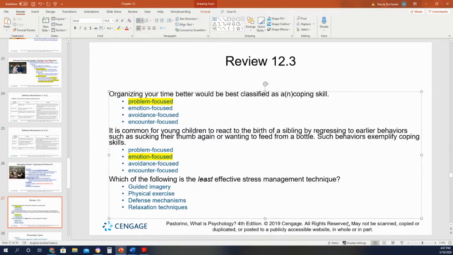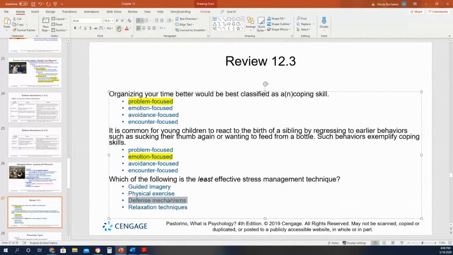And don't worry about the fact that I didn't go over this. I left it in here just for this reason. But the fact that emotion-focused coping is not as good, there you go. Which of the following is least effective in stress management? Defense mechanism.